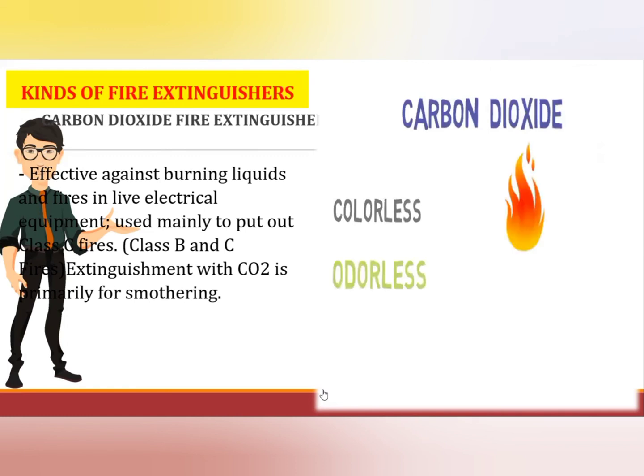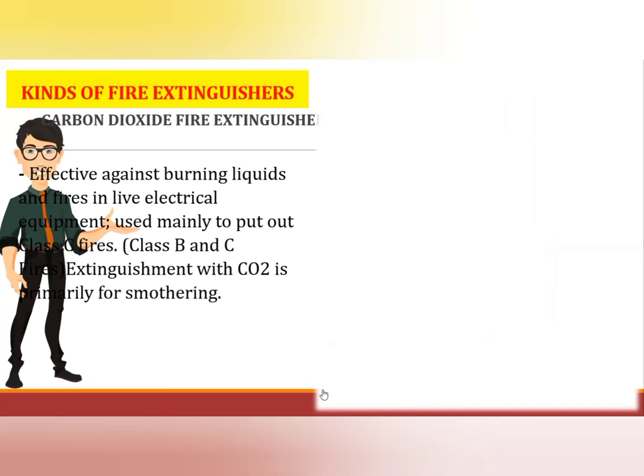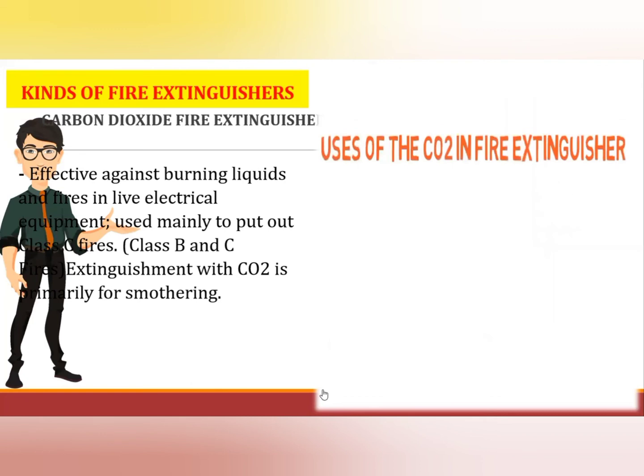It doesn't react with burning materials, so it doesn't create any toxic or other byproducts when used to suppress a fire. It's therefore a clean gas, meaning it leaves no trace of its use when suppressing a fire. These are the reasons behind the uses of the carbon dioxide fire extinguisher.